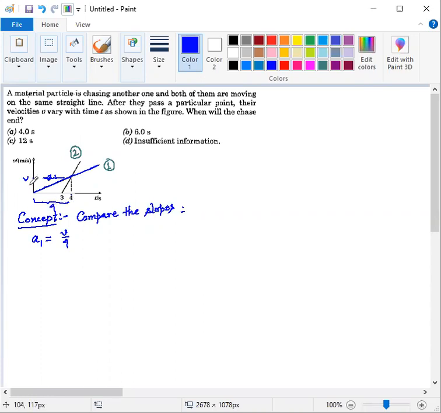So acceleration a1 equals v divided by 4.